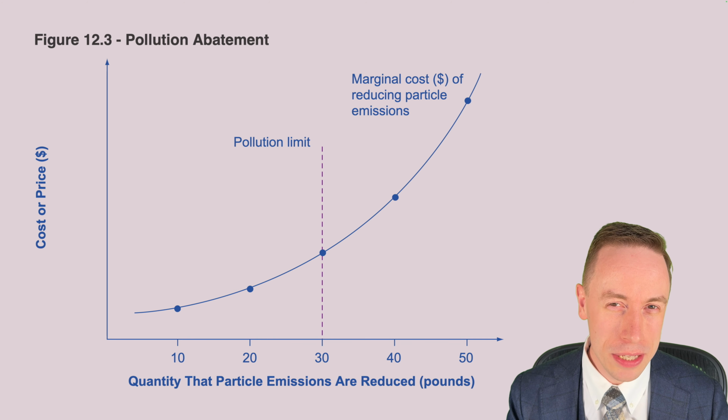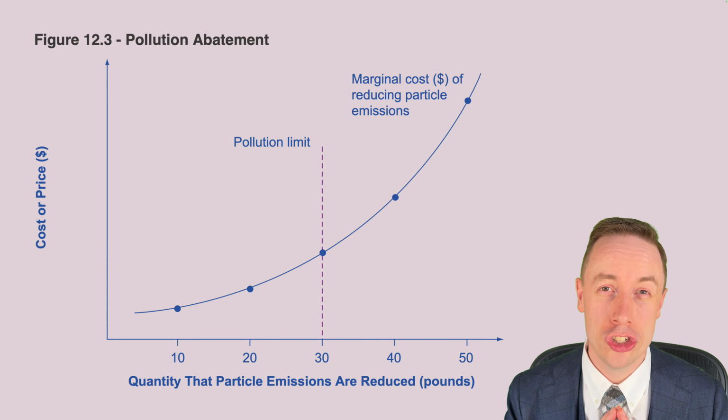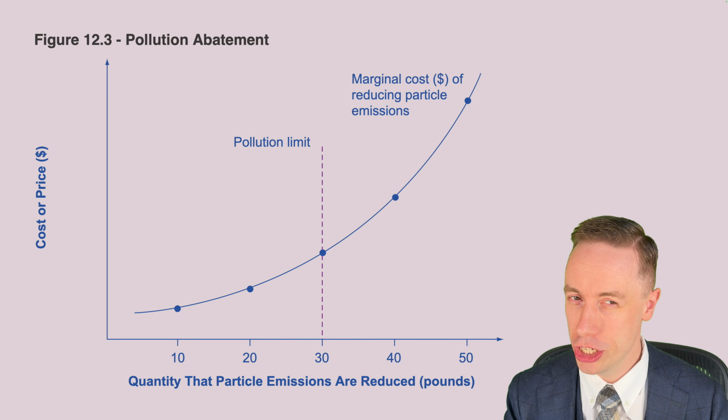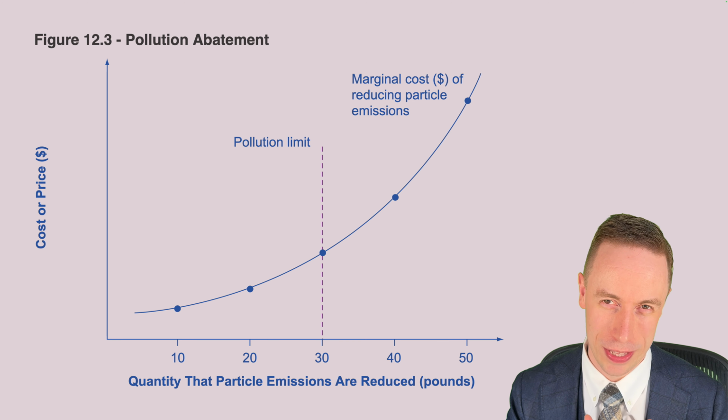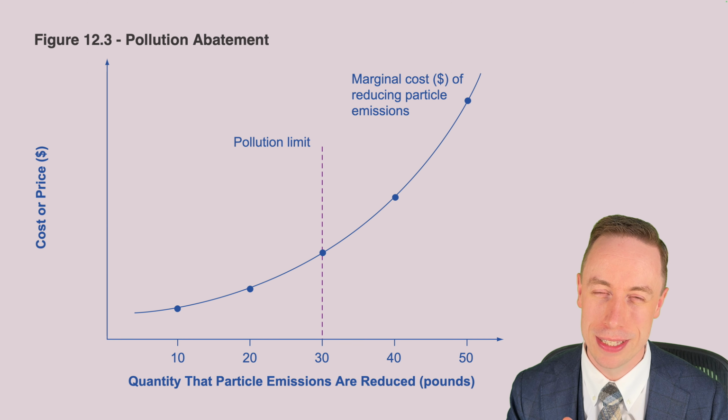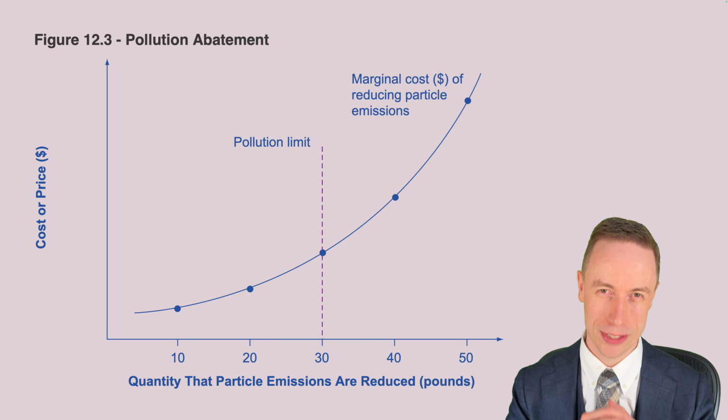But we can do it in a way that makes it just as cheap and efficient as pollution charges. Sort of a nice combination there. So we get both benefits of the command and control and the pollution charges, but there's a downside to it.